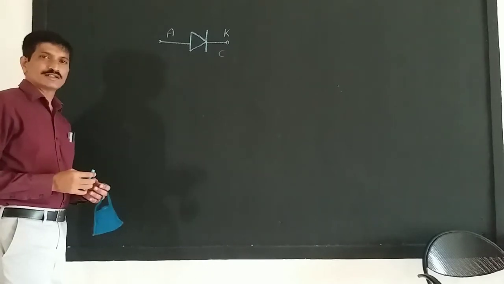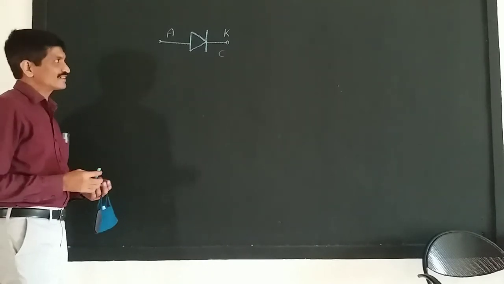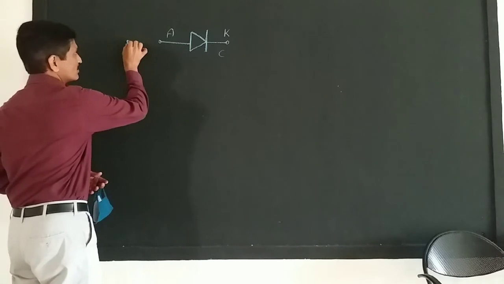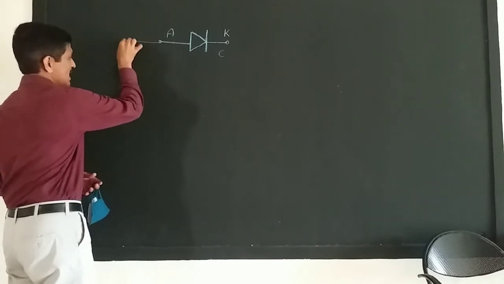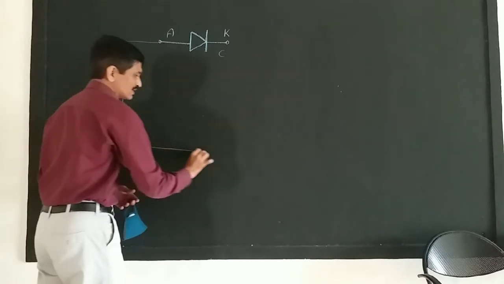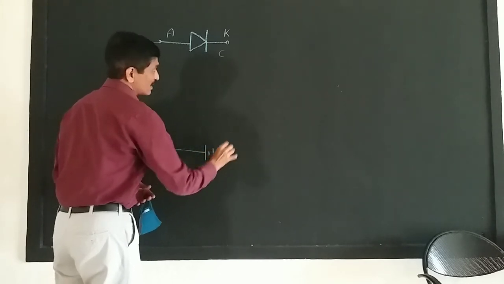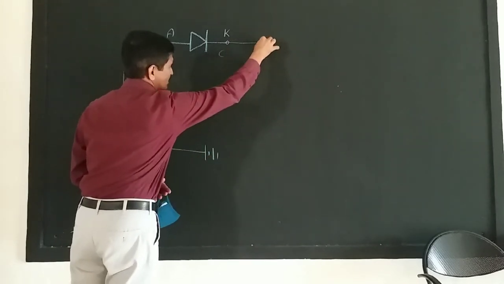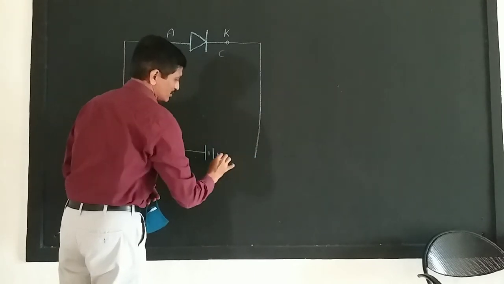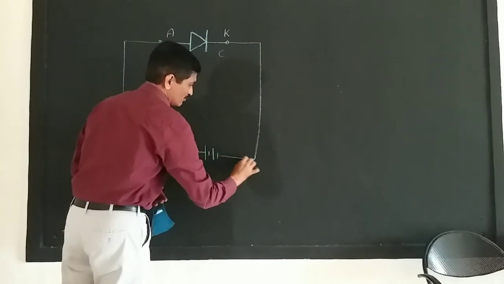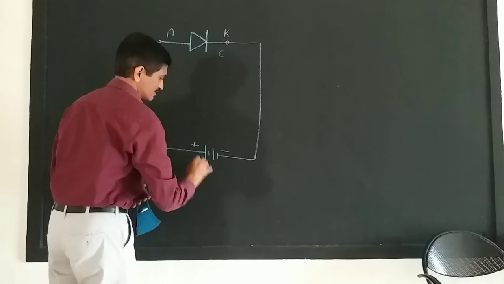To find the forward bias characteristics of this diode, the anode has to be connected to the positive terminal of the external battery, and the cathode of the diode has to be connected to the negative terminal of the external battery.